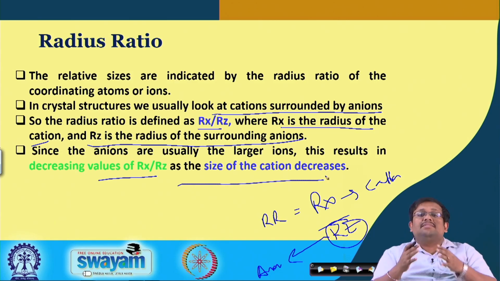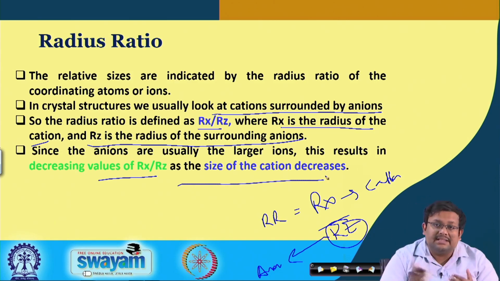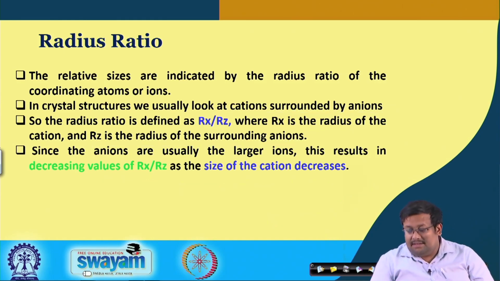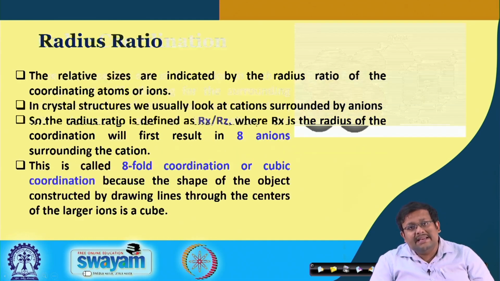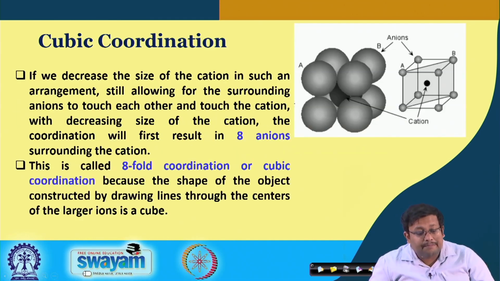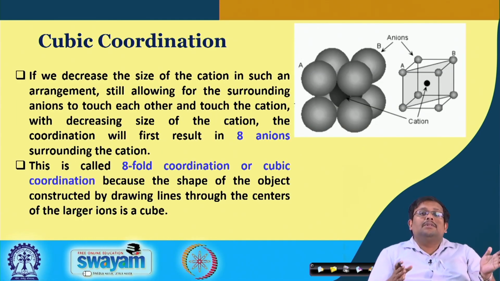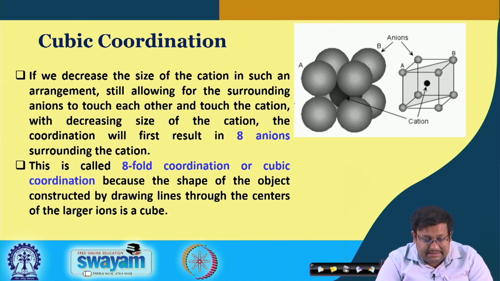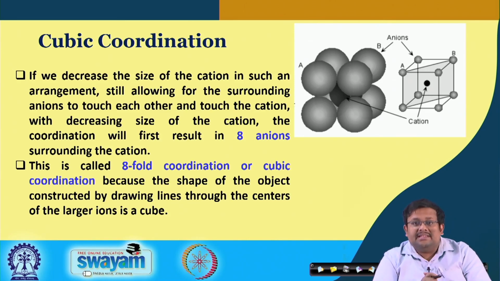So, when the size of the cation decreases, obviously this radius ratio further goes down. So, what is the problem in that? Once this radius ratio goes down due to the decrease of the size of the cation, there are some changes.